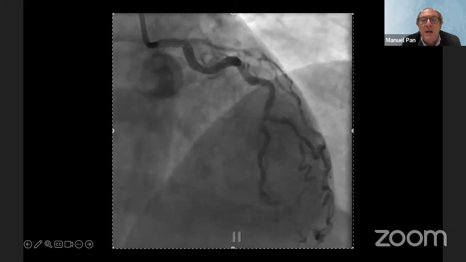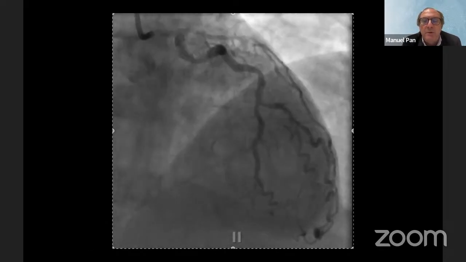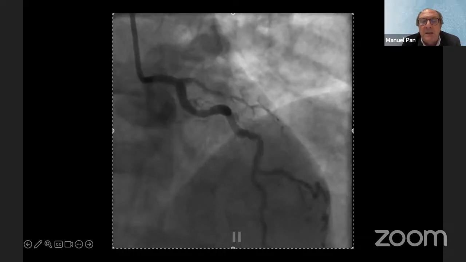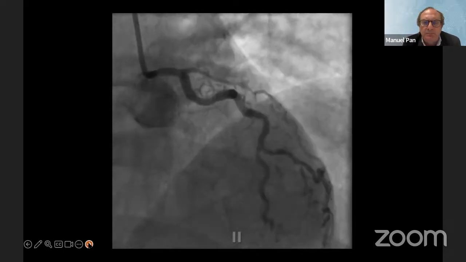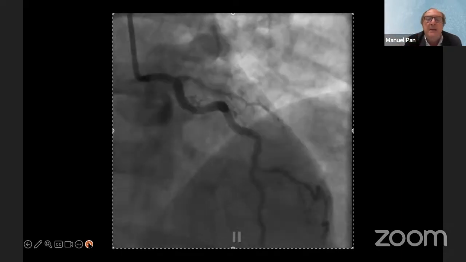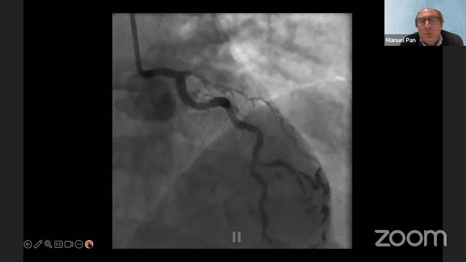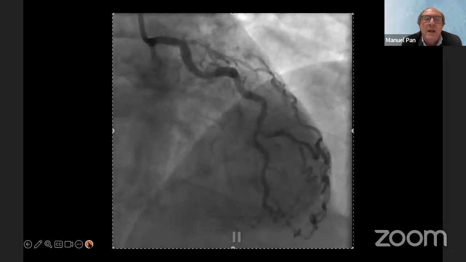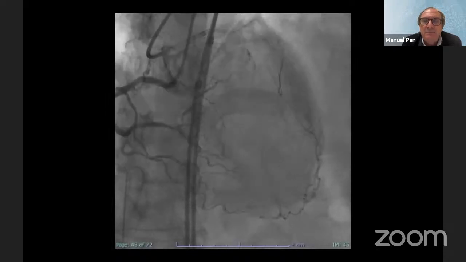And also, I would try a retrograde approach, not through the epicardial, but through the non-epicardial, through the septal connections. I would start in this way and see what happens.